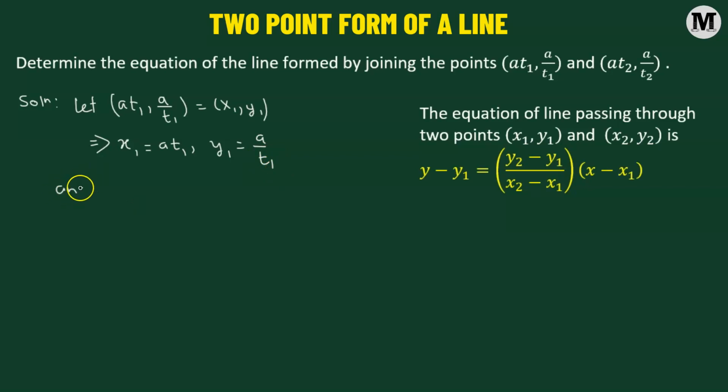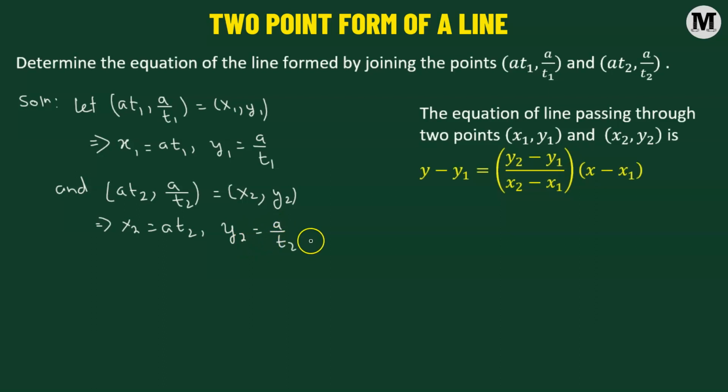And we suppose that the other point with coordinates a t2 comma a over t2 is equivalent to x2 comma y2. So x2 is a t2 and y2 is a over t2.